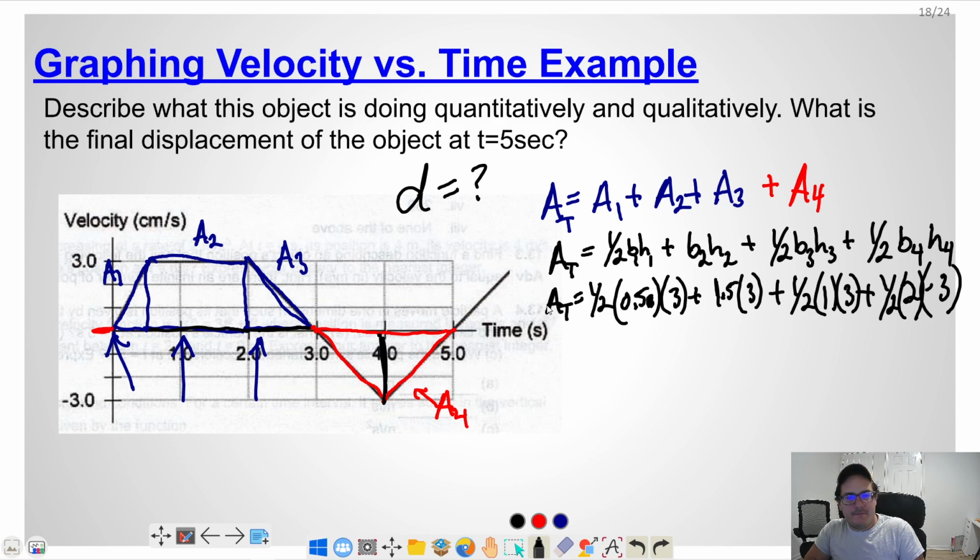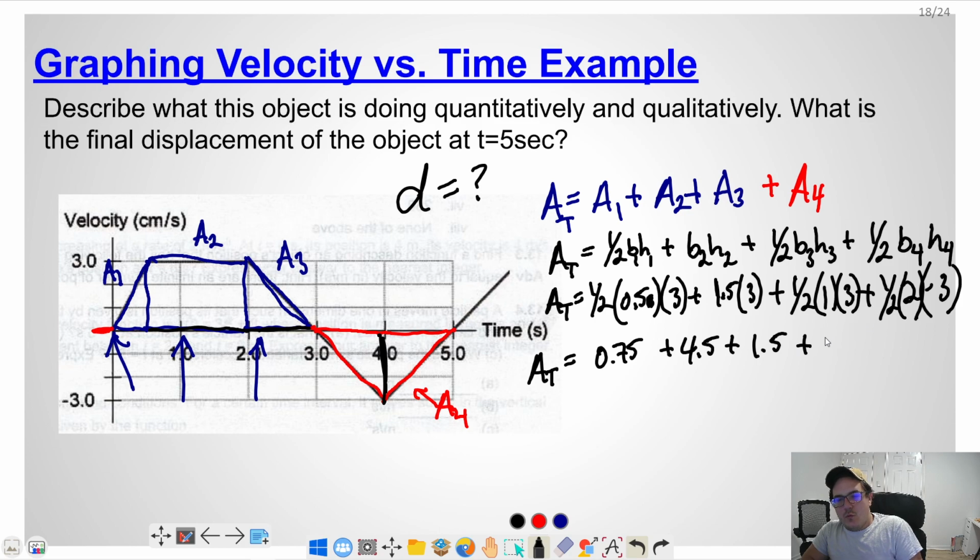Okay. All right, what's our first one going to be? Area total. What's 1/2 0.5 times 3? Did I do that one right? Yeah, 0.75. Plus 1/2 times 3, that's 4.5. Plus 1/2 times 3 times 1, that's 1.5.